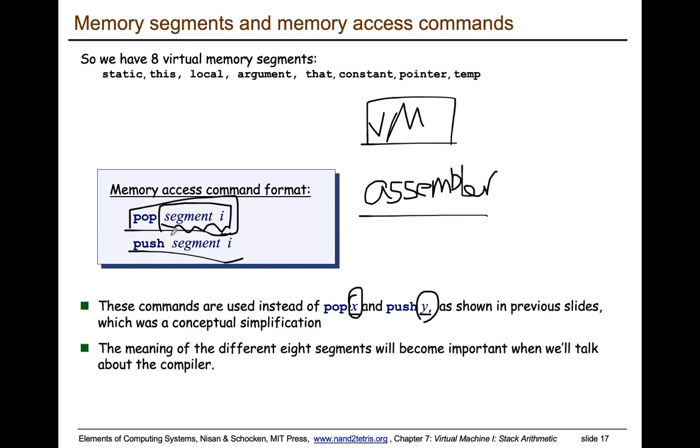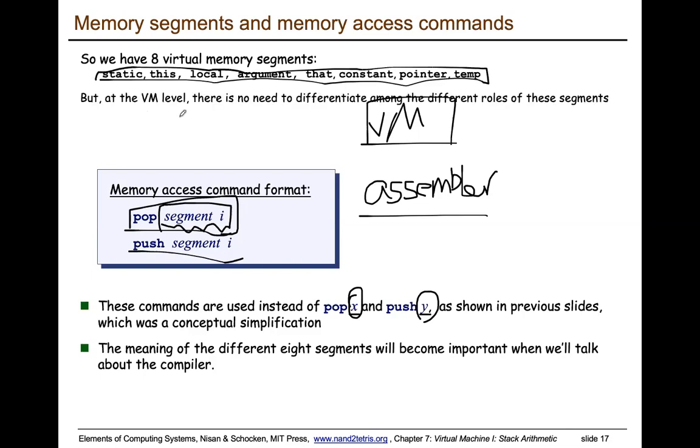Remember that we have 8 virtual memory segments. The virtual machine doesn't need to know how big each one is, but when you do the compiler, it will give you the size of that memory segment, based on your hardware. At the virtual machine level, there's no need to differentiate among the different roles of those segments.